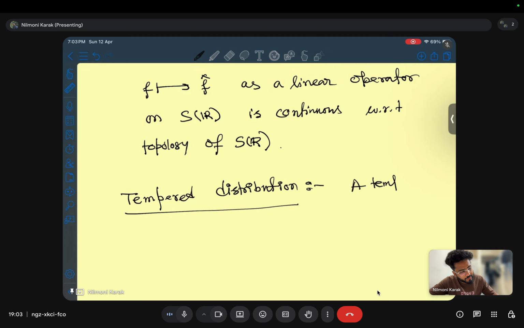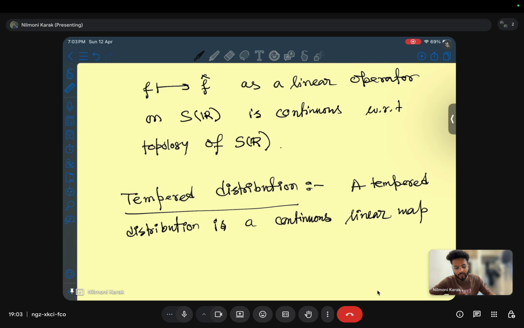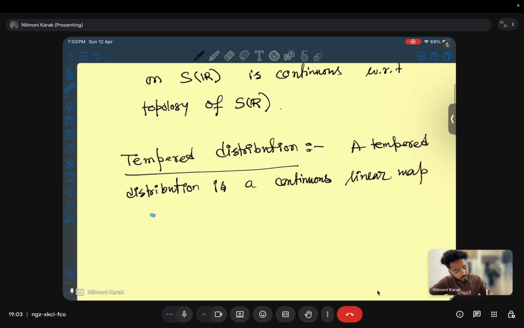A tempered distribution is a continuous linear map from S(R) to the complex numbers.